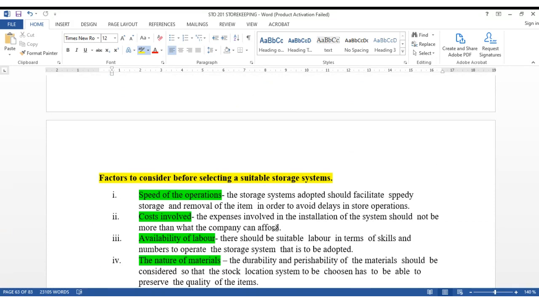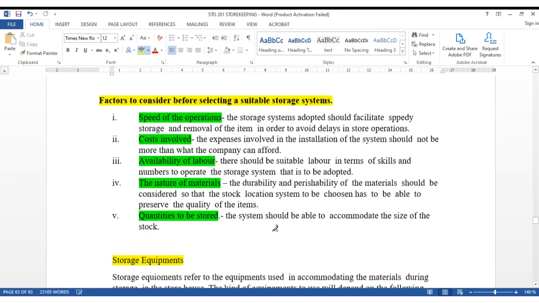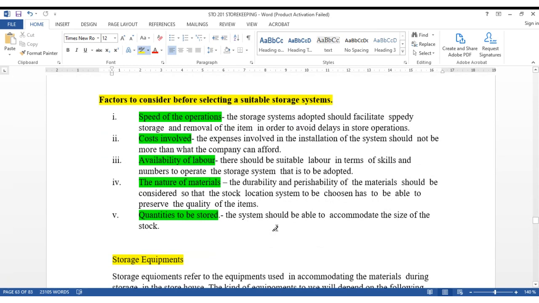Then also we have nature of materials. This regards whether materials are durable or perishable. Such consideration needs to be taken into account because of specifically how to handle them and preserving qualities of such materials.